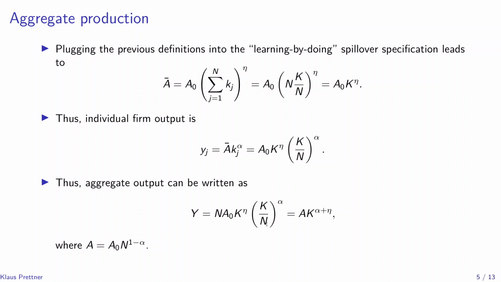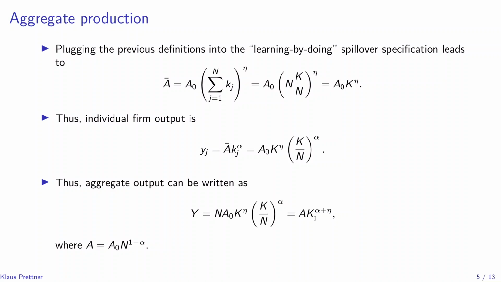And this N to the power of alpha in the denominator, and this N here and this A, they can be combined to get the result that we have here, that this constant A would be A0 multiplied by the number of firms to the power of 1 minus alpha.